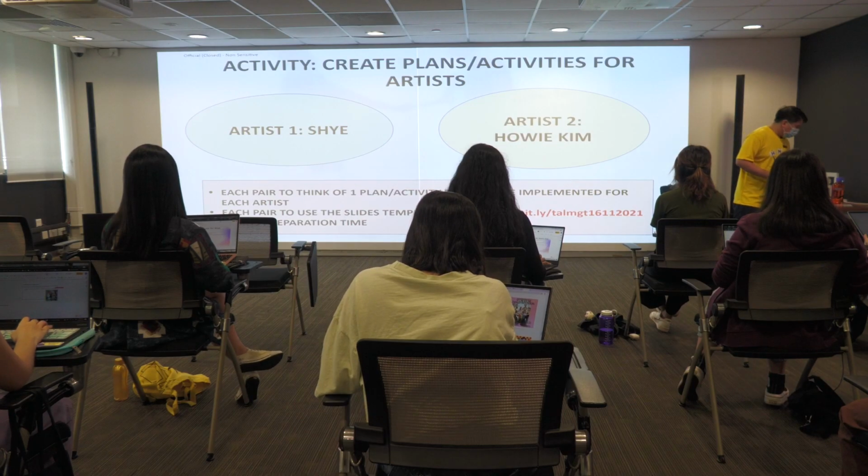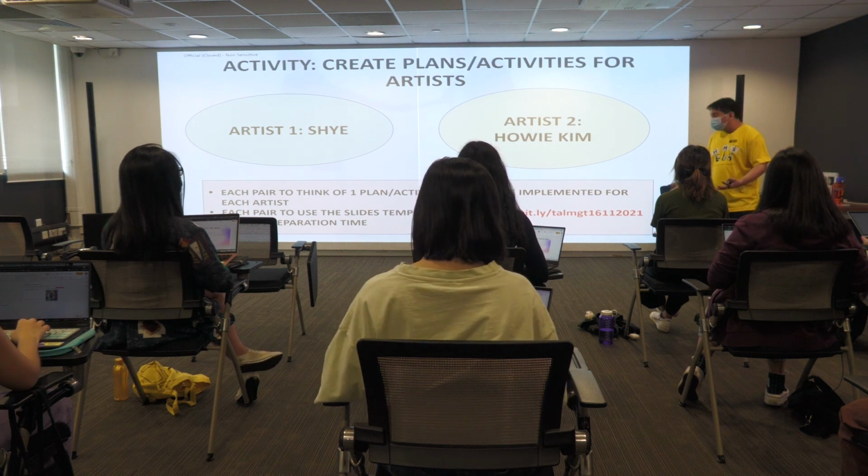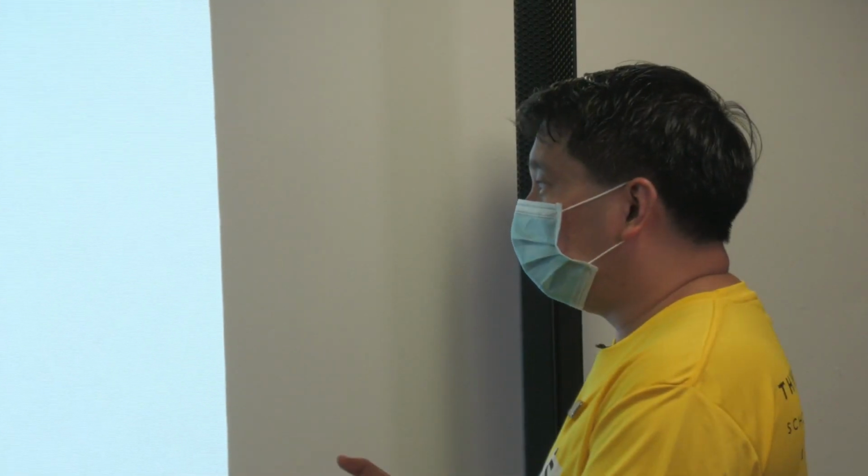Okay, everyone, time is up. All right. So this activity calls on you to think of a plan or activity that can be implemented for Shai, music artist, and also Howie Kim. Now, this is an exercise that a lot of artist managers undertake on a very consistent basis. They have artists that they need to work with, and each artist needs activities, they need plans.